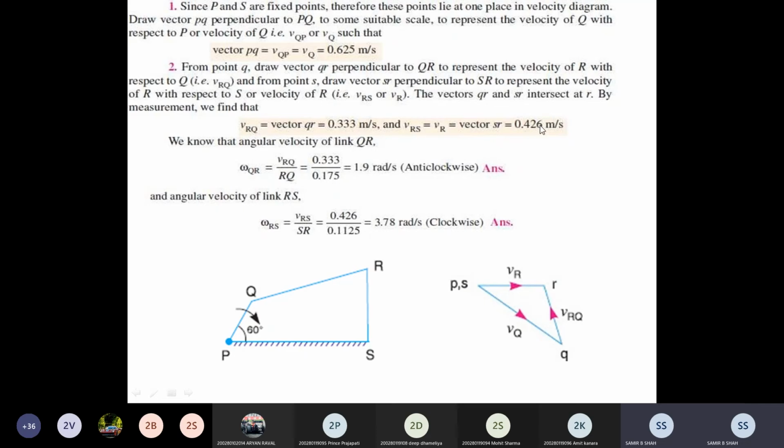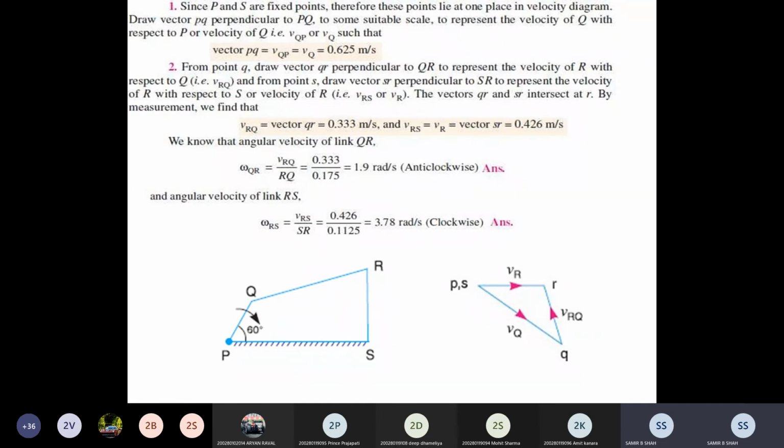Your answer, I already mentioned here, but it may not be exactly 0.333 or 0.426. It may vary as per your parallelism, or as per the error you take in 60° or in 90°. Okay, as per your human error we get a different range, but that range should be within limits.